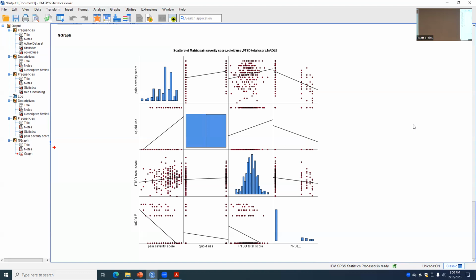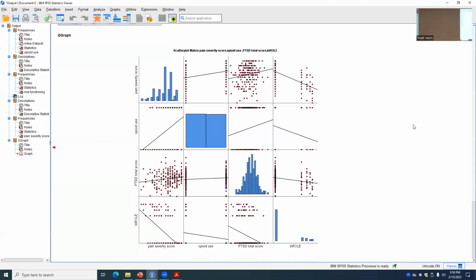The only thing that I might take a look at is to see if my role functioning and my pain severity could maybe be less variable on the high end than at the low end, right? Because of that heteroscedasticity thing, we're looking at band shapes.